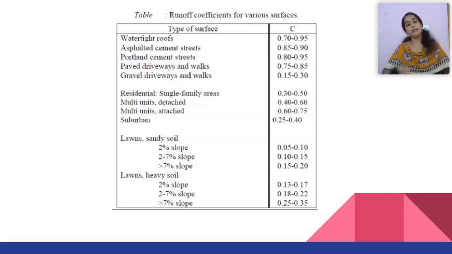By adopting the values, considering the characteristics of the soil and the slope of the particular area, we can assume the runoff coefficient, and we can calculate the quantity of stormwater in that particular area.